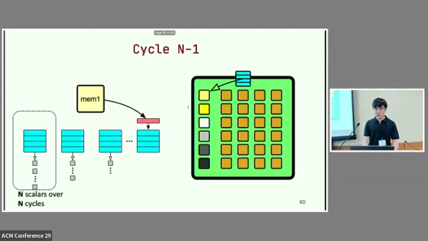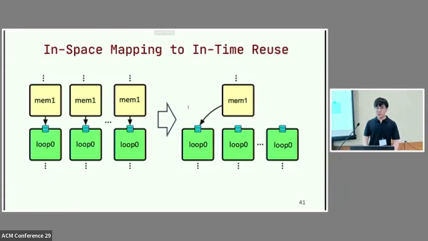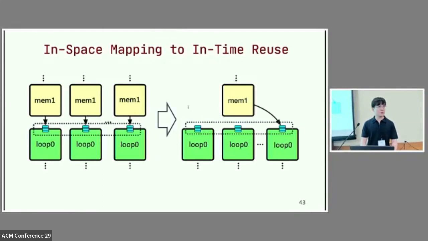And we keep doing so until cycle n-1, where mem1 starts to send a vector to the last vector FIFO, and the first vector FIFO has already dequeued n scalars over the period of n cycles. So this allows us to translate these in-space mappings to in-time data reuse. Namely, we can use one mem1 to update multiple copies of loop 0 on the computation units, which allows us to save memory resources.